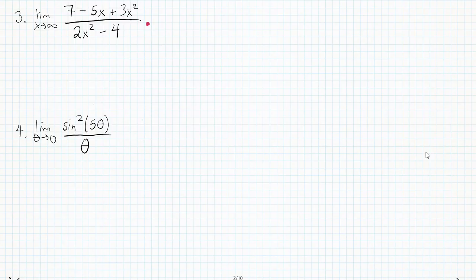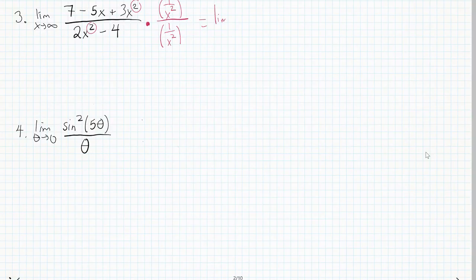You multiply by the degree, the degree of the numerator and the denominator, so I always use the one in the denominator. That's easier for us. So now how do you multiply by it? Well, you take 1 over x squared because the degree is 2. And we're going to multiply that by the whole thing. Now let's see what shakes out.